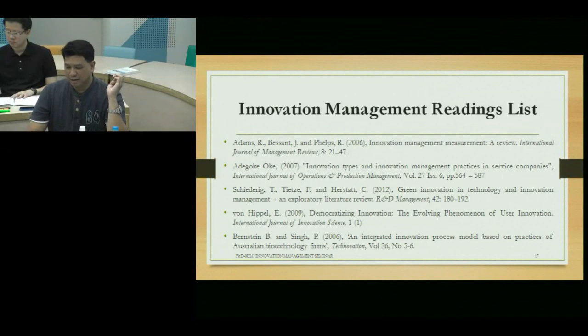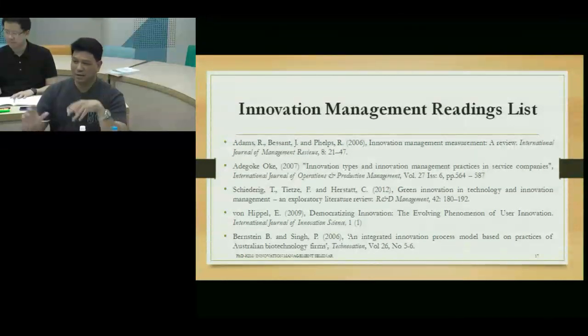Actually, the last one is my area of interest, the measurement of innovation, so I cannot really compare it with the other two. I just compare the two papers and leave the last one as a standalone.